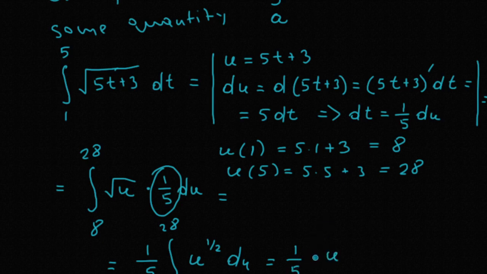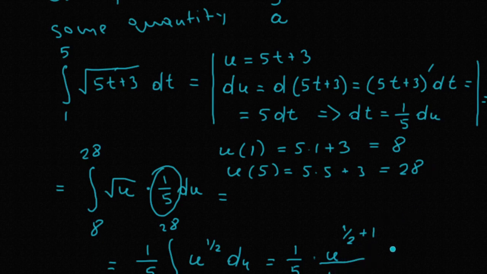times u. The power rule says that to integrate a power of our variable, in this case u, we need to increase the exponent by 1, so the new exponent will be 1/2 plus 1, and then we need to divide by that new exponent, 1/2 plus 1.